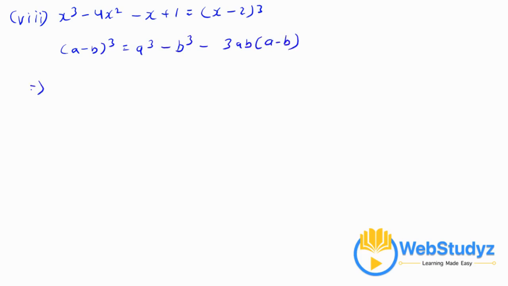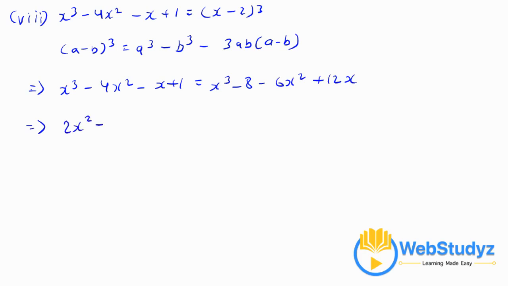If we use this identity here, we get x³ − 4x² − x + 1 = x³ − 8 − 6x² + 12x. If we further solve this, we get 2x² − 13x + 9 = 0.